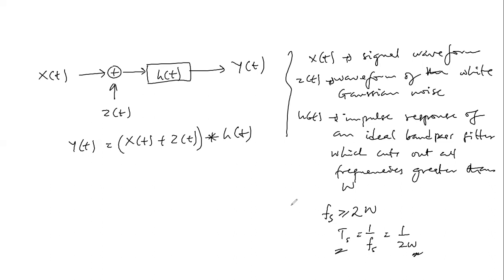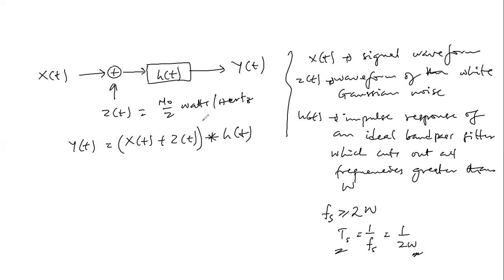And then if we have that the noise, let's say the noise in this case Z, has a power spectral density of N naught over 2, that is watts per hertz. And then we have a bandwidth of W already.